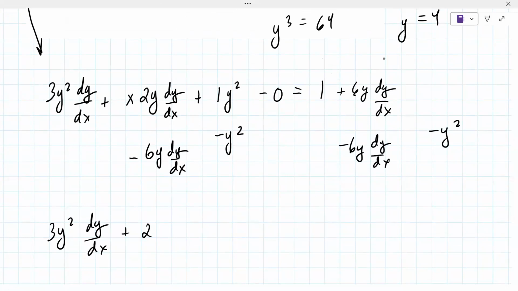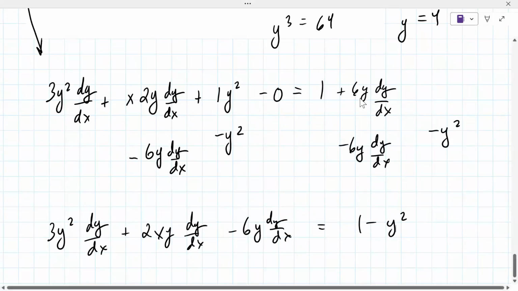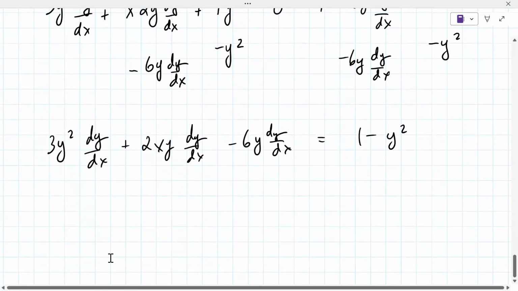All right, equals 1 minus y squared. But the pattern is basically the same. You move all the dy dx terms to one side, the non-dy dx terms to the other side. Then you factor out a dy dx.